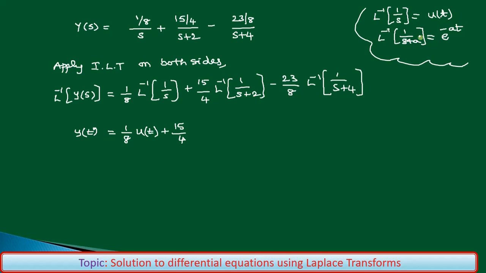It is in the form of 1 by (s + a), so we write e^(-2t), and to represent a right-sided signal or causal signal we use u(t), minus 23 by 8 e^(-4t) u(t).